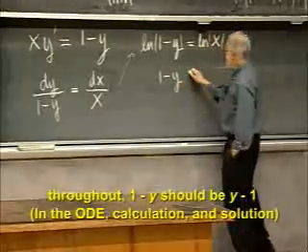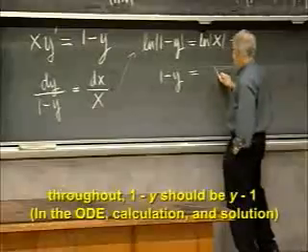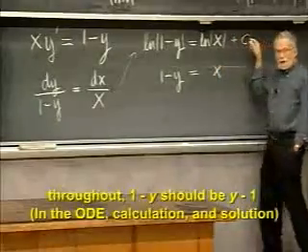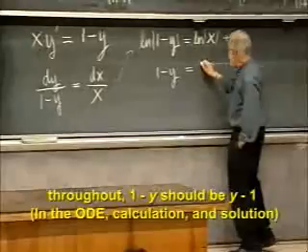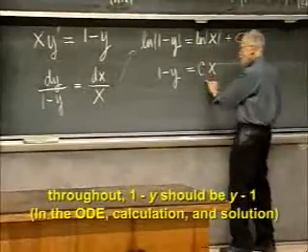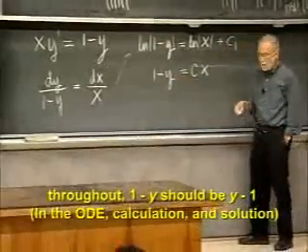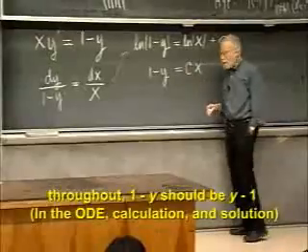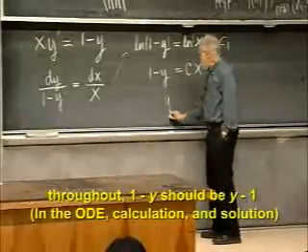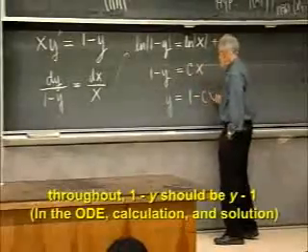So this is going to look like 1 minus y equals cx, where the constant will be e to the c1, and I'll just make that a new constant, c. And now you can get rid of the absolute values if you allow c to have negative values as well as positive values. Let's write this in a more human form. So that's y is equal to 1 minus cx.